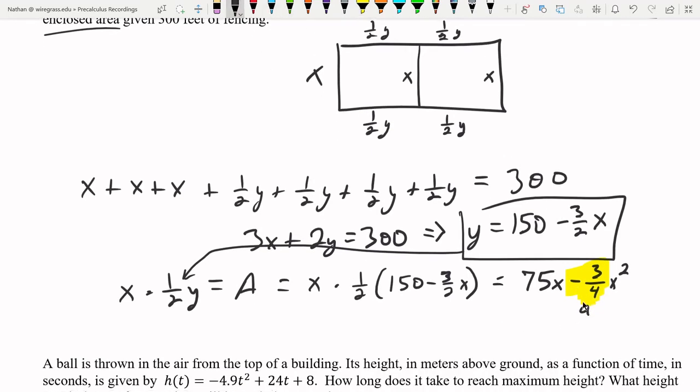a is this guy, b is 75. So the vertex is going to be at x equal to negative b, which is 75, over 2 times a. a is negative 3/4, so negative 2 times that is going to be negative 3/2. Multiply by the reciprocal.